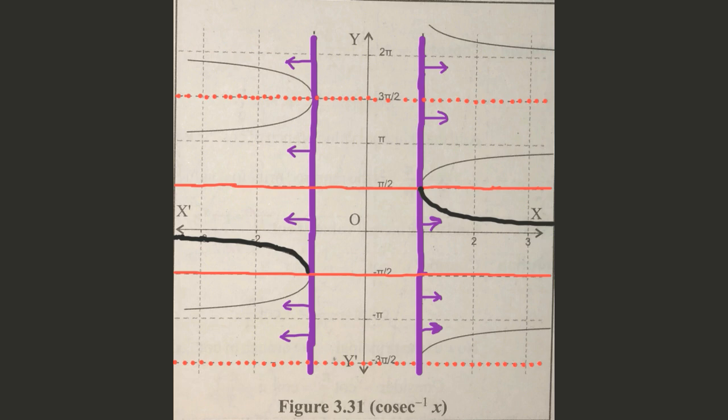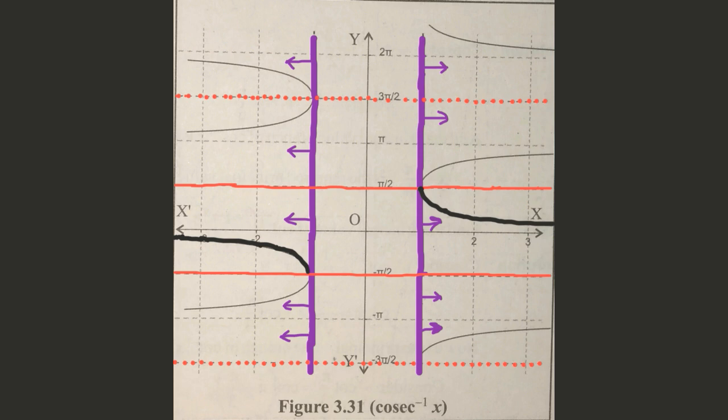To obtain the range of cosec inverse of x, we will see the values of y along y-axis. The portion of the graph marked with black colored lines lies between the interval minus pi by 2 to pi by 2 except y equal to 0.